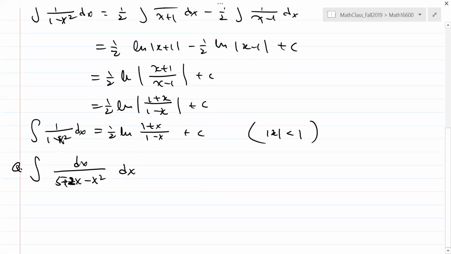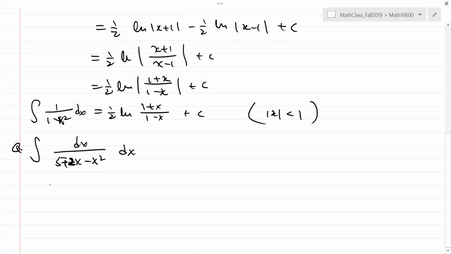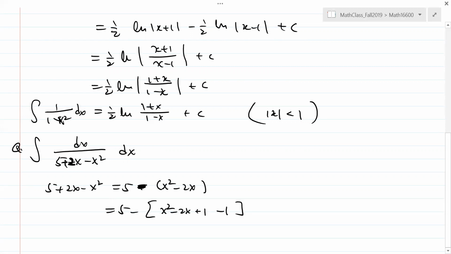So how can I solve this problem? Let's look at 5 plus 2x minus x squared. If you take a negative sign out, you get x squared minus 2x here. So you have two terms containing x, and I don't like this. It's called completing the square. Plus 1 minus 1.